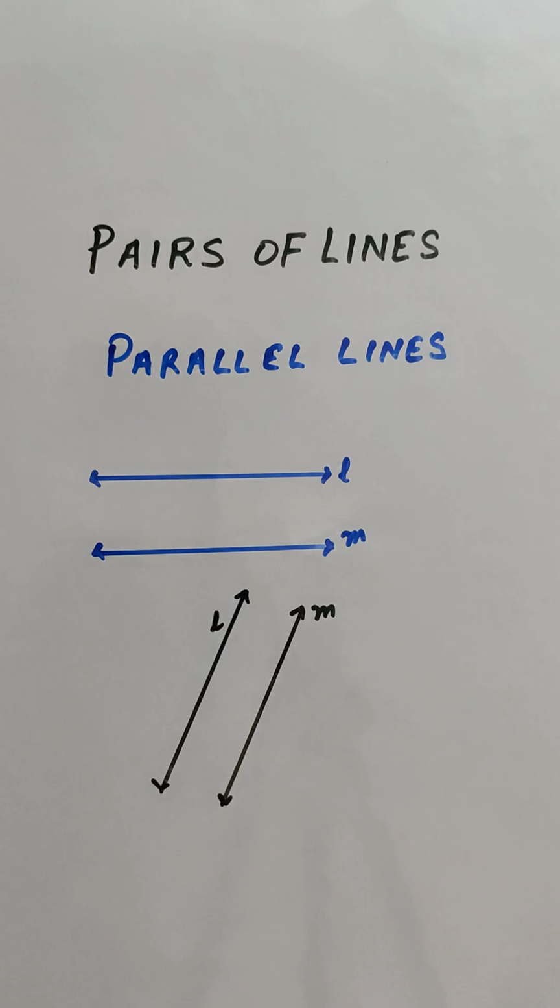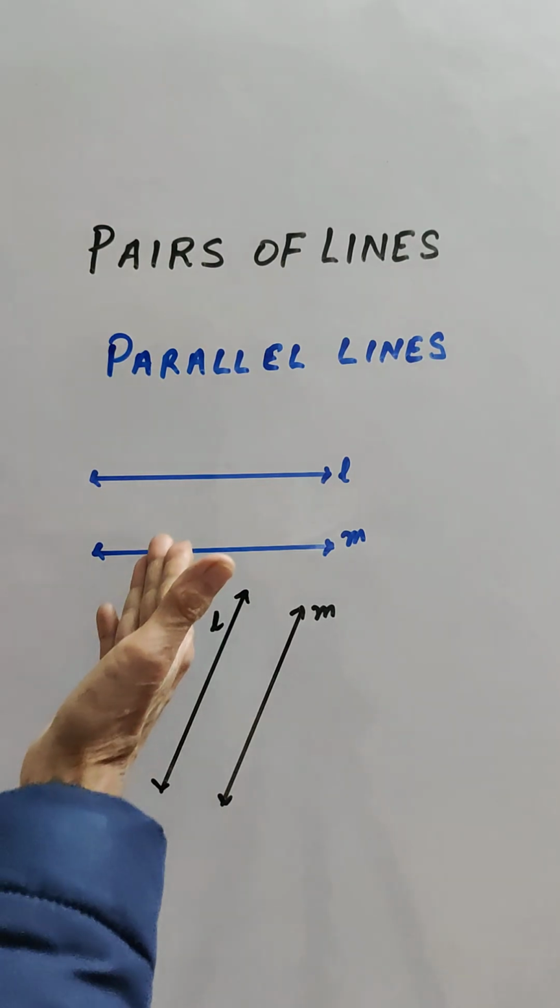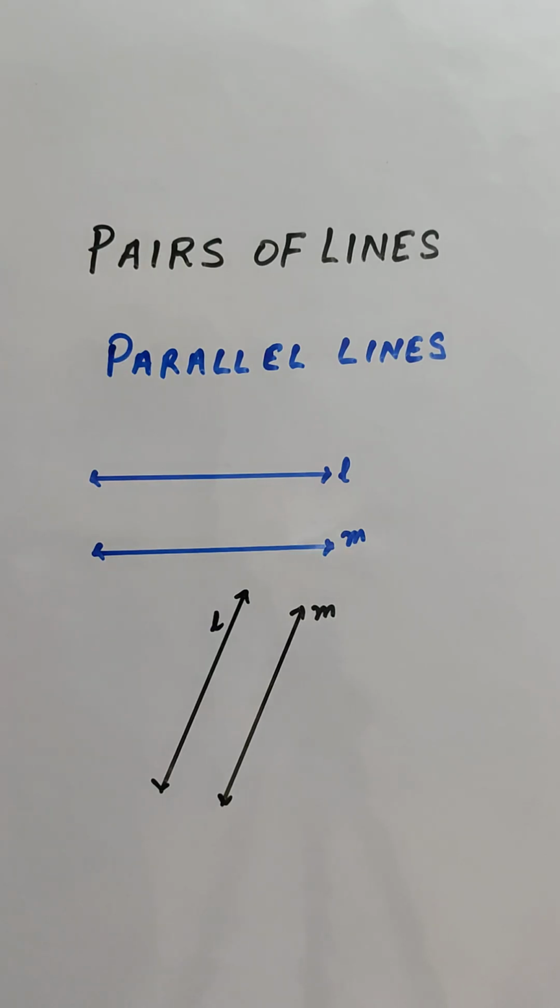Two lines in a plane are parallel if they do not meet when produced infinitely in either direction.